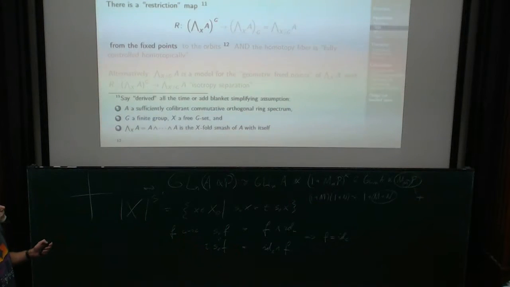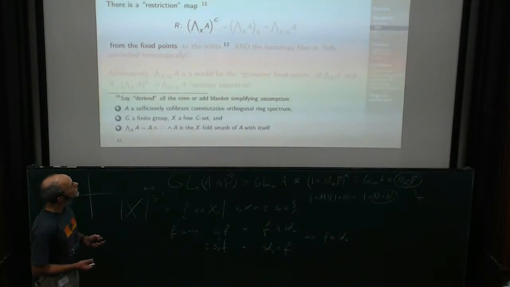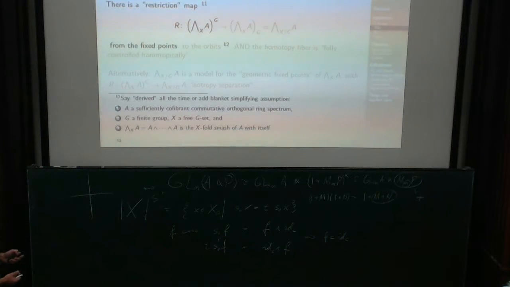And then I take the G fixed points of A smashed with itself X times. Okay, so what I really want to do is to let X be the circle, and I want to take G to be the circle, but let's not be that ambitious, because that's not that smart.